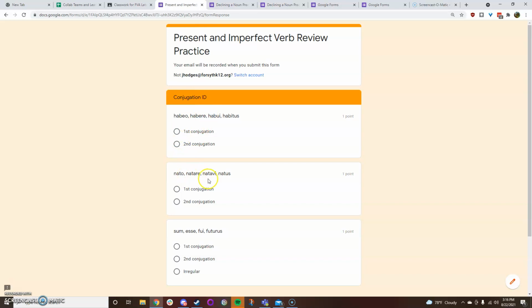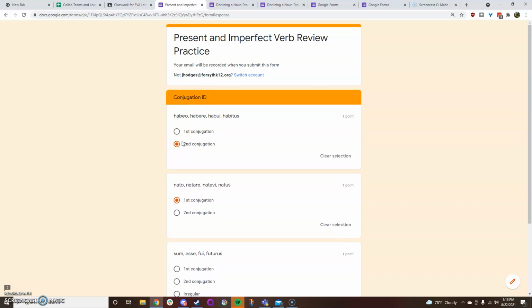Notice the difference here. We have natare and habere. Natare ends with an -are, habere ends with an -ere. And it really is as simple as, if this thing, the infinitive form, to swim, ends with an -are, that means first. This will get a little more complicated later, but for right now, if you're just choosing between first and second, if you see -ere, it's definitely second because it's not -are.